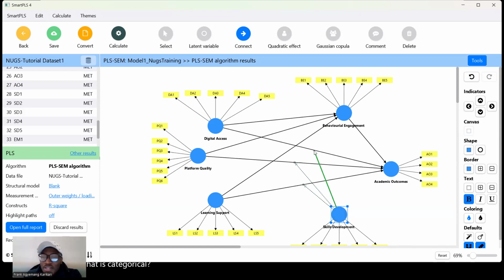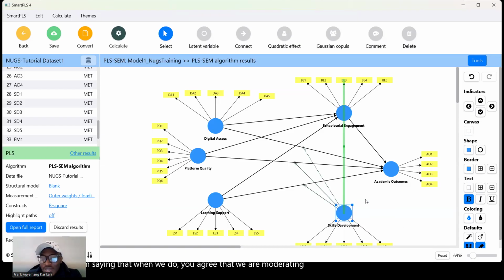Hello, anybody want to try? Come again, sir. I'm saying that when I do this, do you agree that it's a moderation that we are doing?